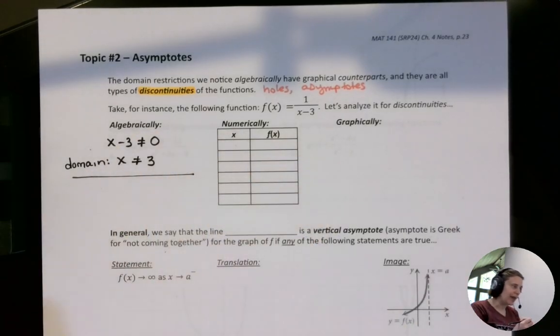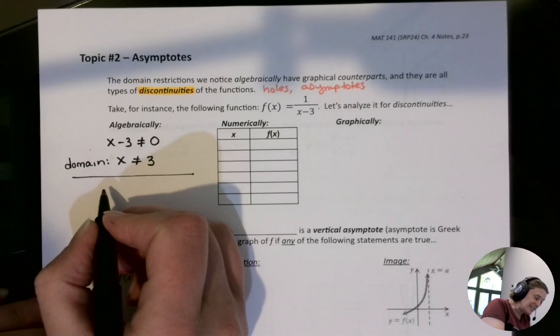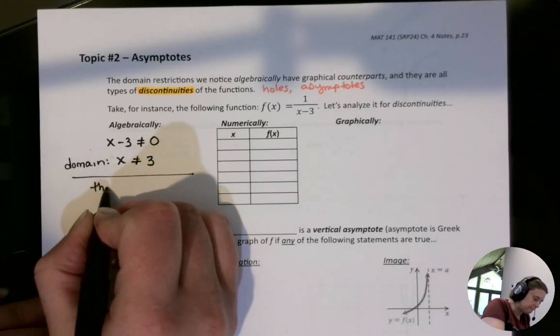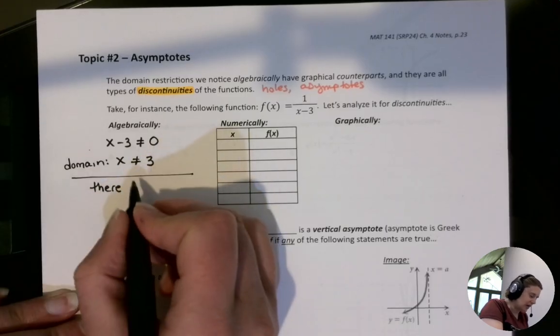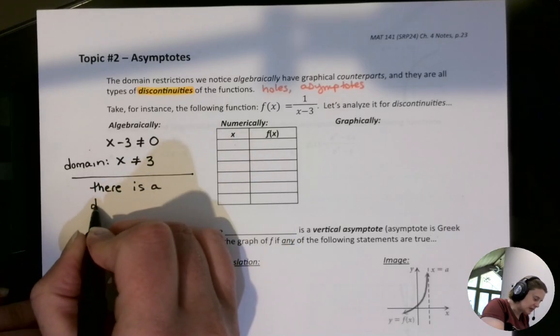So if the domain is a set of x values where x is not allowed to be 3, then there is a discontinuity at x equals 3. We haven't talked about what kind yet, but we know there is one.